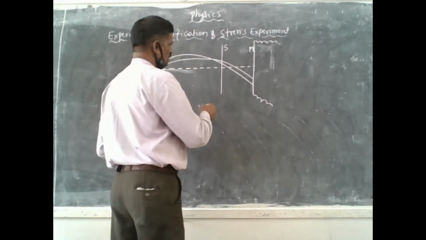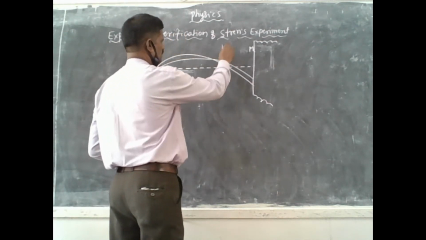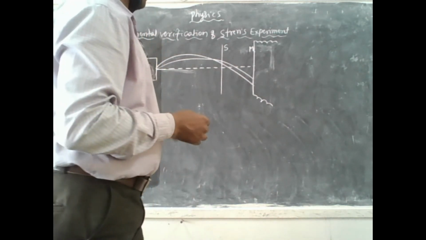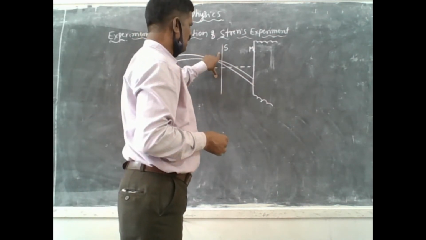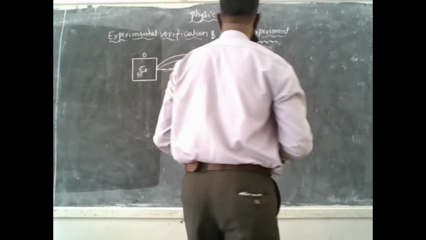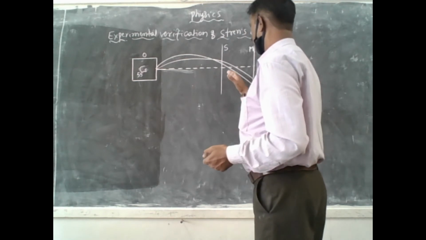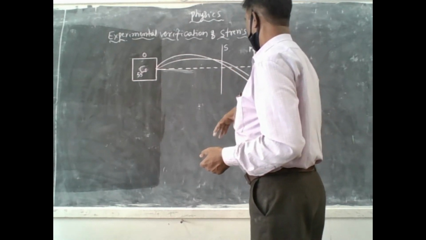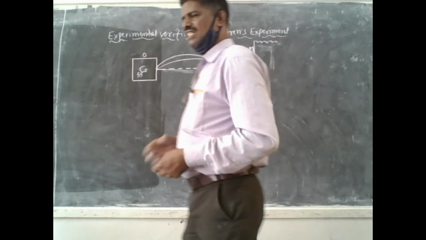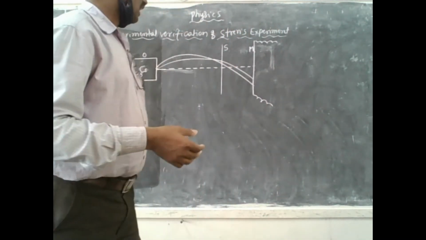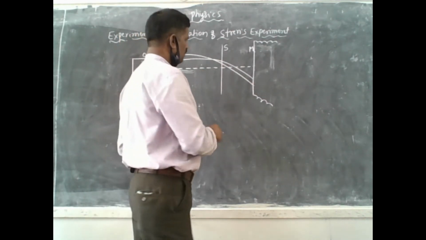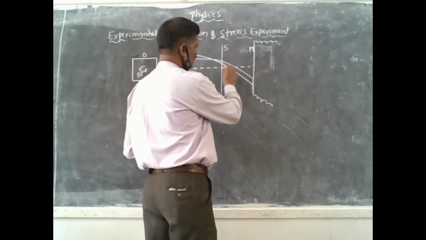So here there is a slit. That means this is a screen on which slits are included. After emerging through the slits, the cesium atoms form a very sharp beam, isn't it? So they are passing through the slits.